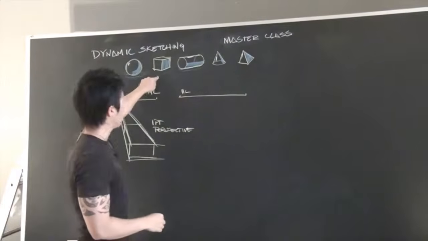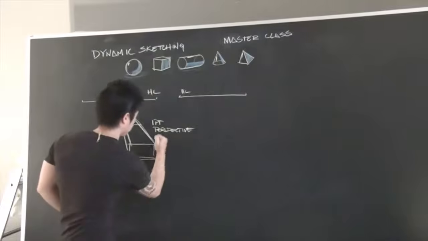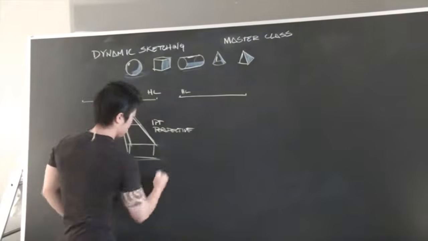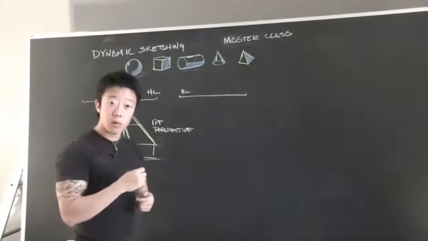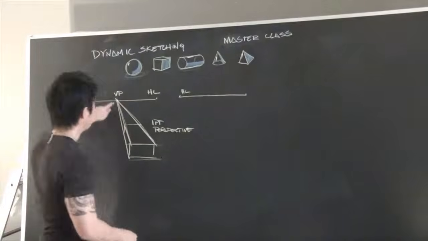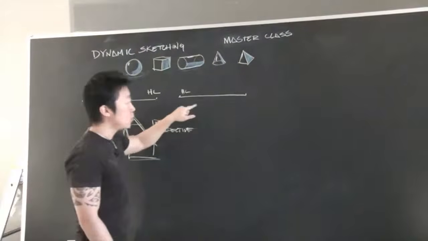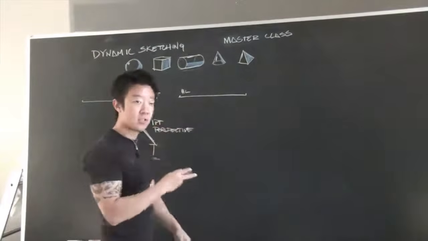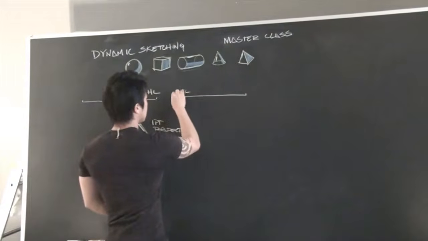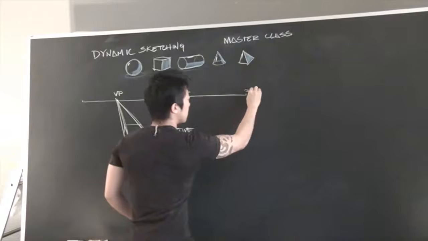Taking the same form, a cube, you want to do a 2-point perspective. So that means a 1-point perspective has 1 vanishing point. 2-point perspective has 2 vanishing points. So you're 1, 2.